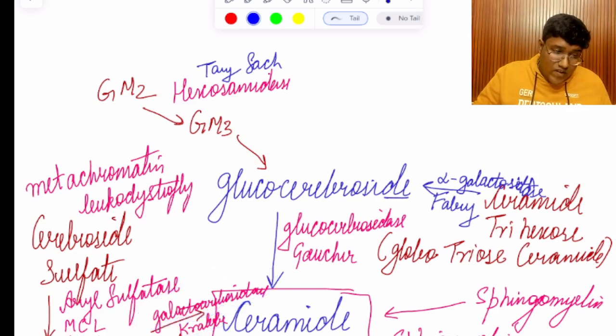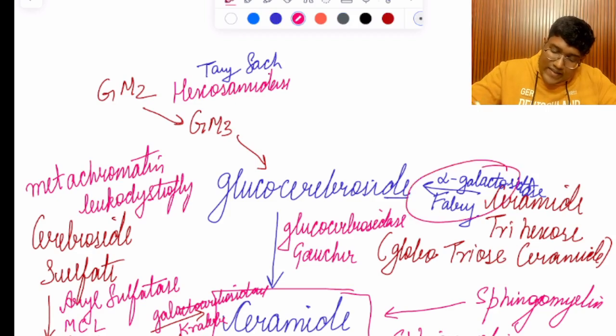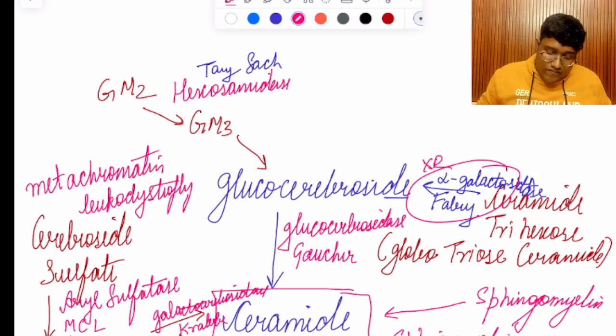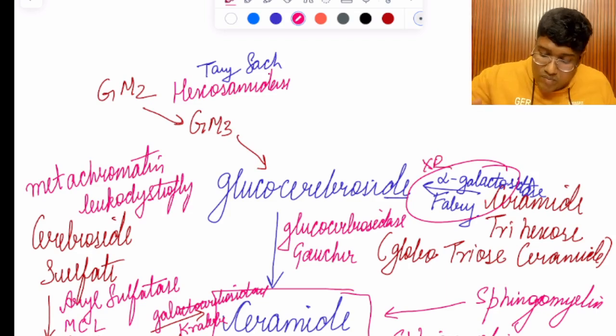So simple, right? And just for you to know, any enzyme deficiency here is autosomal recessive, with an exception. That exception is X-linked recessive. So just remember, Fabry's disease is X-linked recessive.